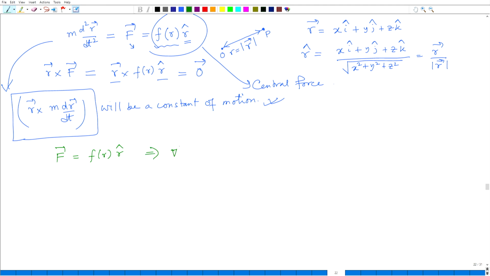I can calculate curl of F, and this curl of F will be exactly curl of F(r) r cap.